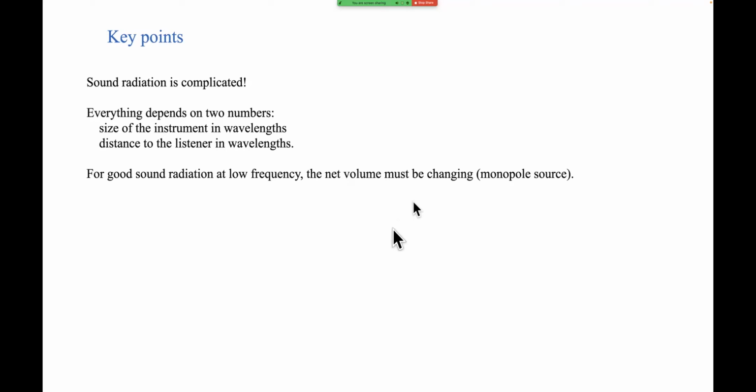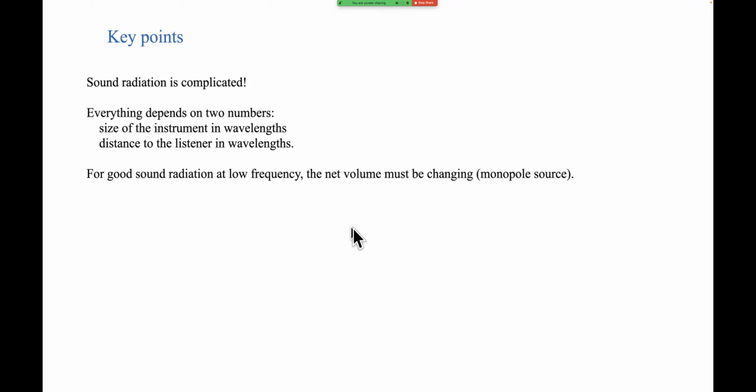Sound radiation is complicated. I've told you some of the relatively simple things about it, but it is complicated. Everything depends on two numbers: the size of the instrument in terms of wavelength and the distance to the listener in terms of wavelengths. At low frequency, where the wavelength is very long, so the violin or the cello or whatever is, relatively speaking, rather small, you always struggle to get good sound radiation.